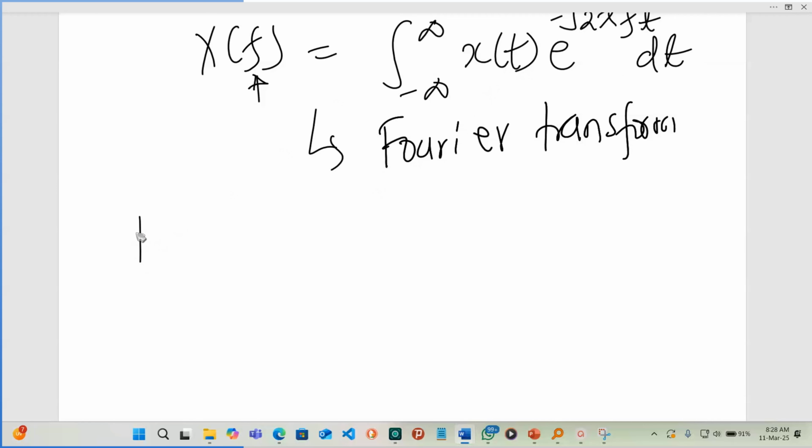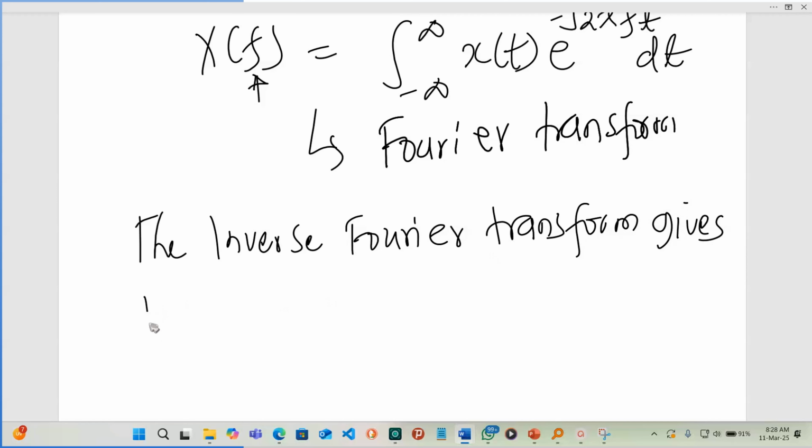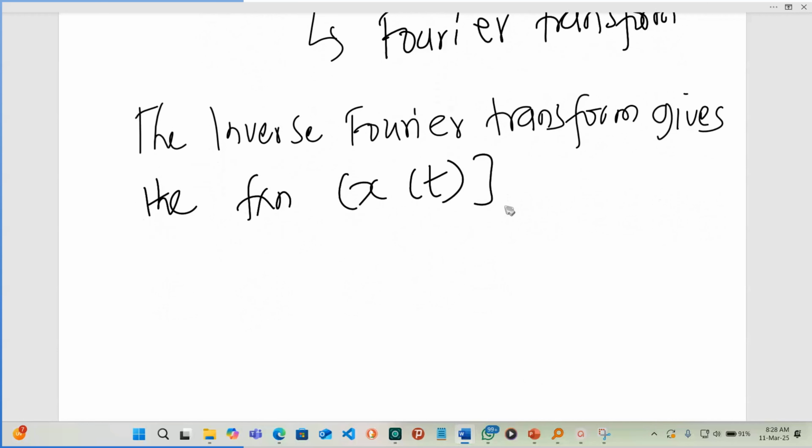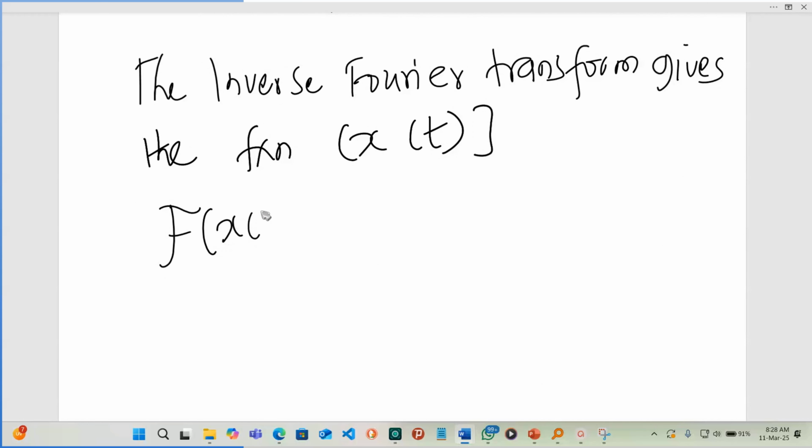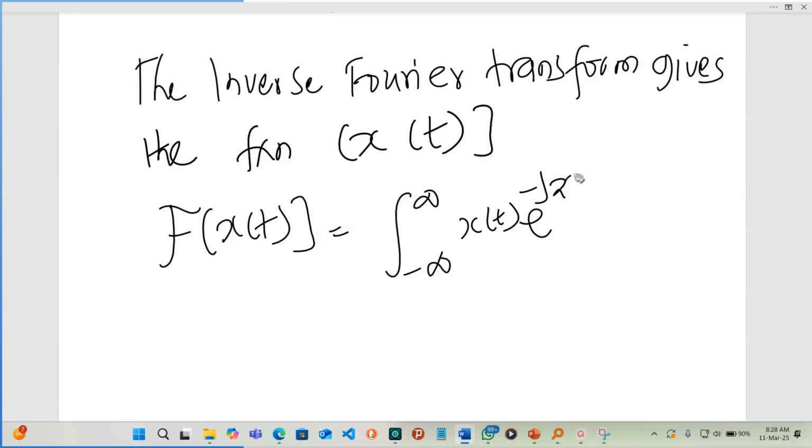And now the inverse Fourier transform gives the function x of t back. So here we are saying the Fourier transform of x of t is equal to the integral from negative infinity to infinity of x of t exponential of negative j 2 pi f t with respect to t. This is X of f.